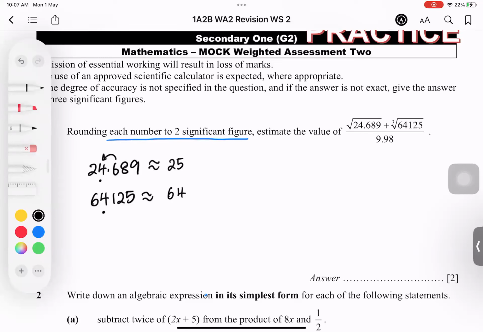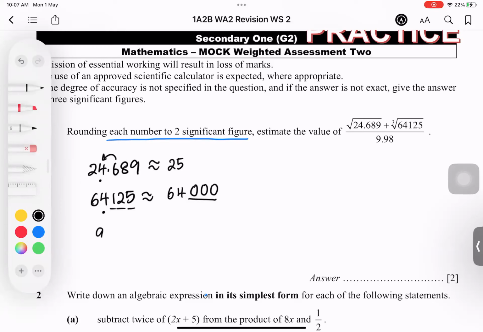Are you going to leave it as just 64? What do I have to put at the back? I got so many numbers. What do I have to put here, Elvina? 0. Yeah, okay. So this one, 64000. Let's put a 0.